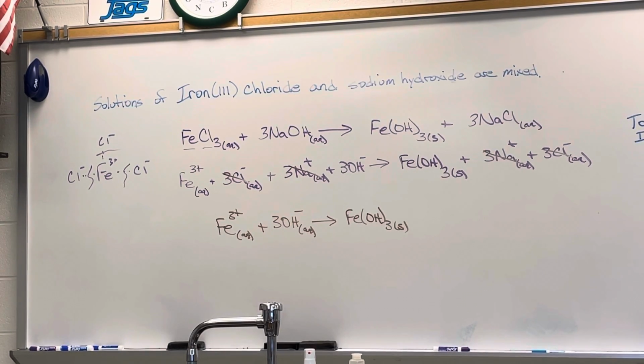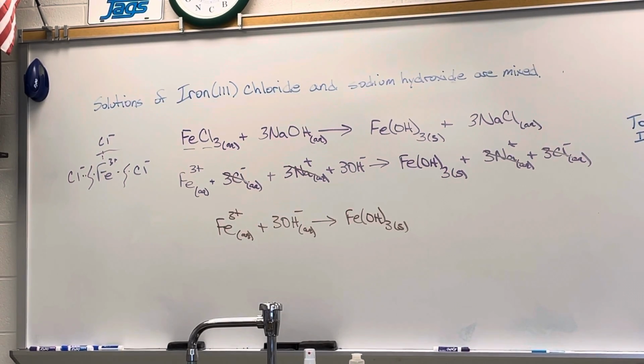If it was iron 2 chloride, would it keep the subscript? No, because it's only going to be diatomic when it's chlorine gas, not when it's dissolved. You're not making chlorine gas when it breaks apart. You're going to get 2 Cl minuses still. The 2 negatives are not going to come together. If you put a subscript 2, that would be the 2 chloride ions bonded together, and that's not going to happen.